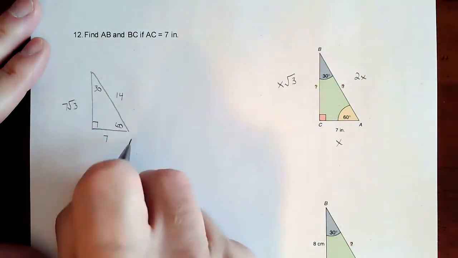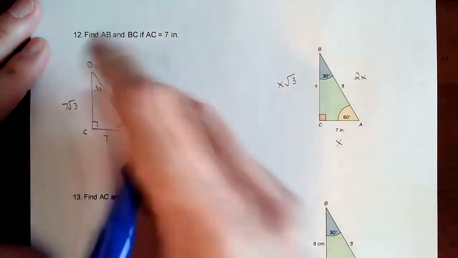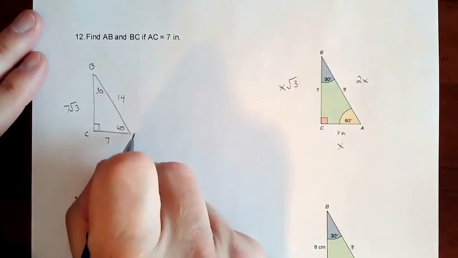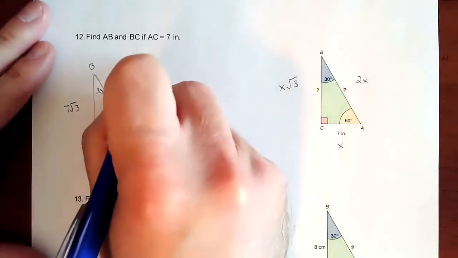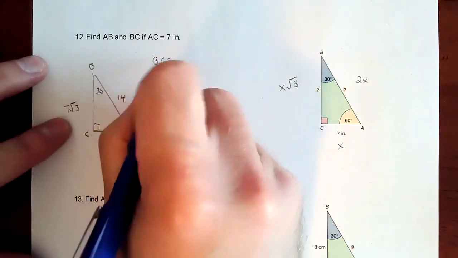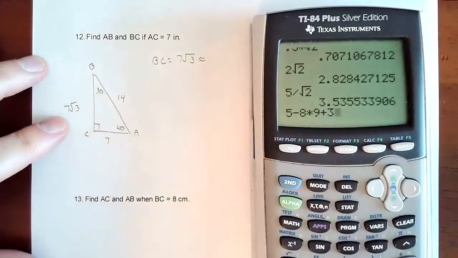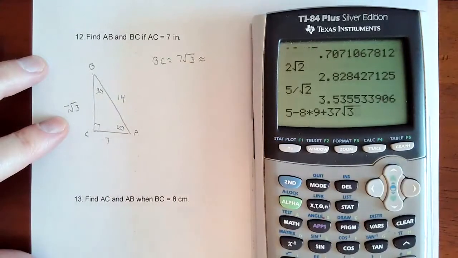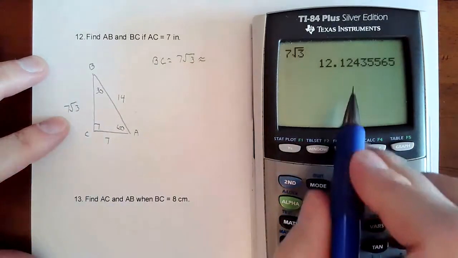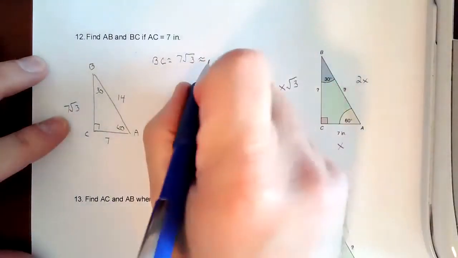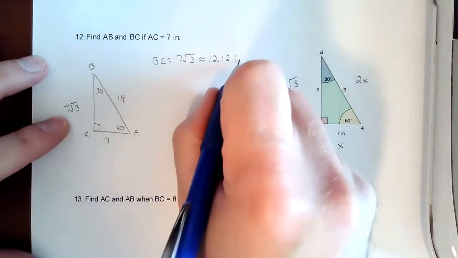I should probably label it. That's an A. So AC is 7. That means BC is 7 square root 3, which is about 12.12. The label on that should be inches.